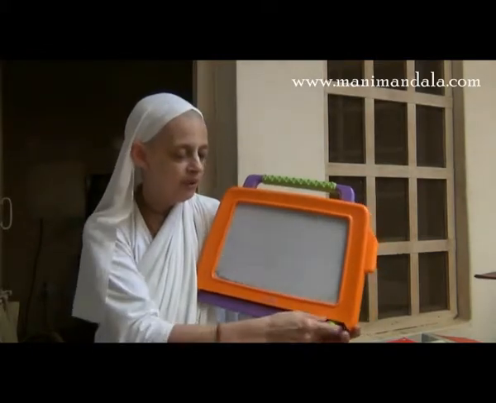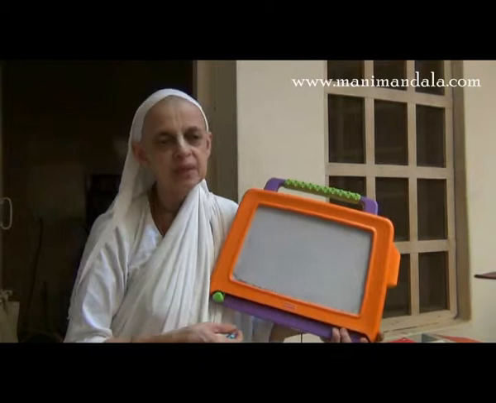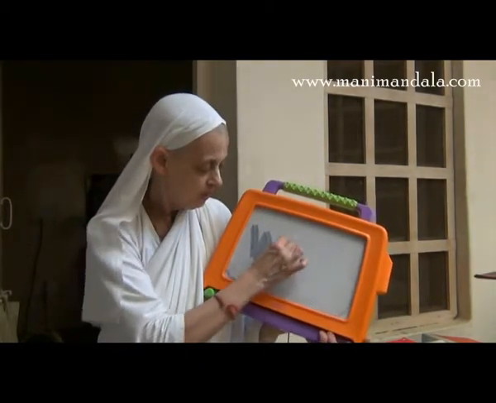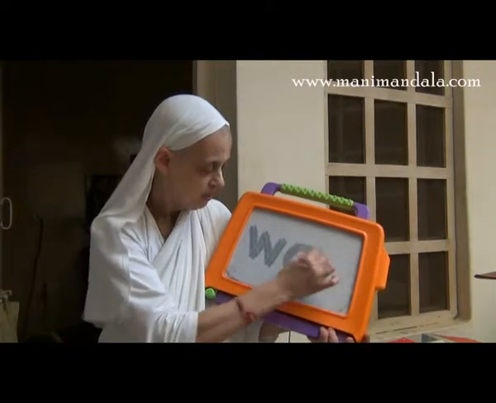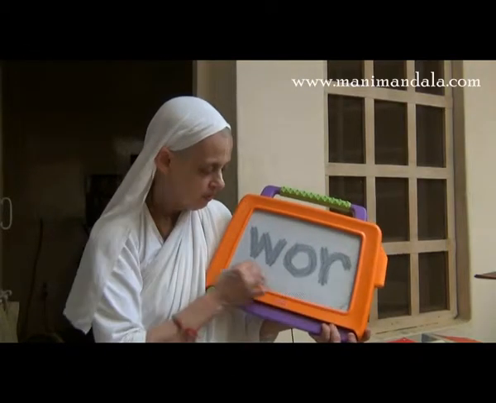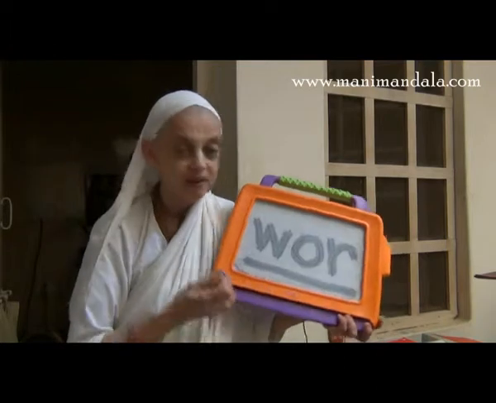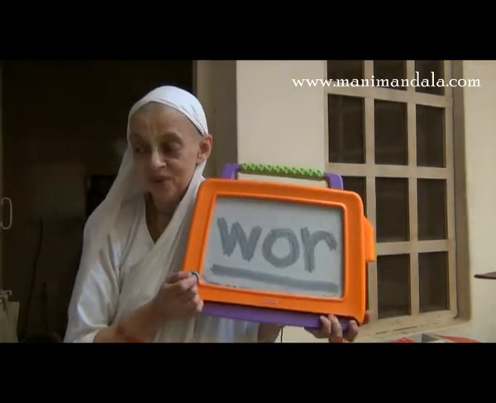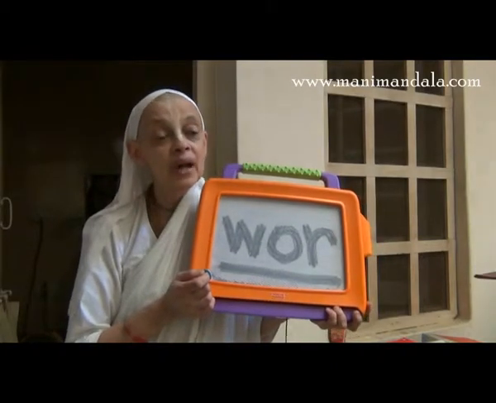Now we have another phonogram in which we have a W at the beginning, but we don't sound it. Believe it or not, this is an sound. That's why I'm telling you, English is strange. As in worship.